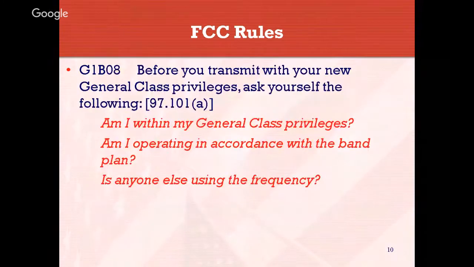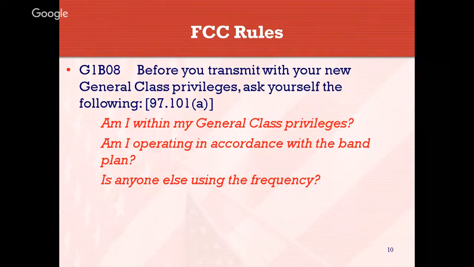So before you transmit with your new general class privileges, ask yourself the following. Again, the reference is to the Part 97 rules, 97.101A. Am I within my general class privileges? You want to make sure that you're within the band operation frequencies for your class of license. Are you operating in accordance with the band plan?